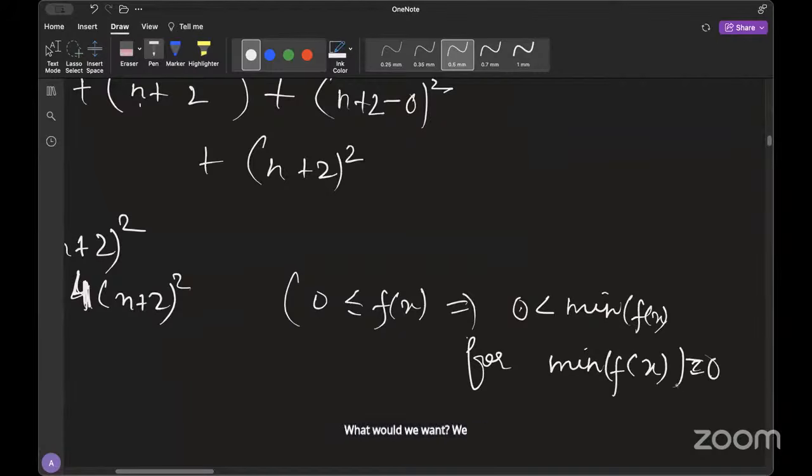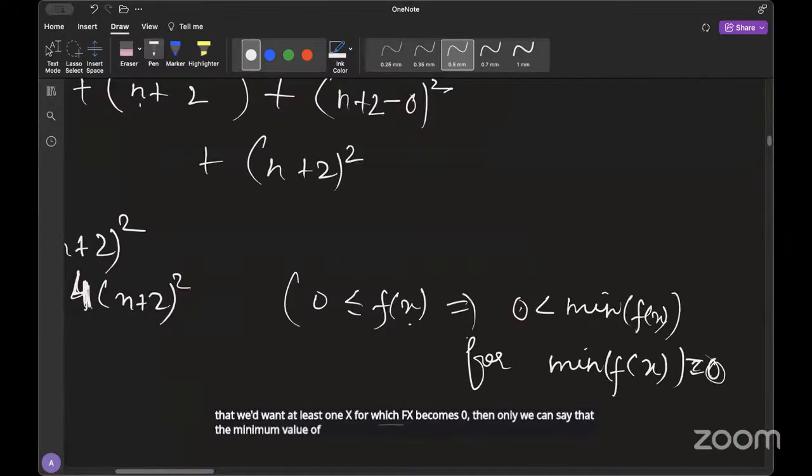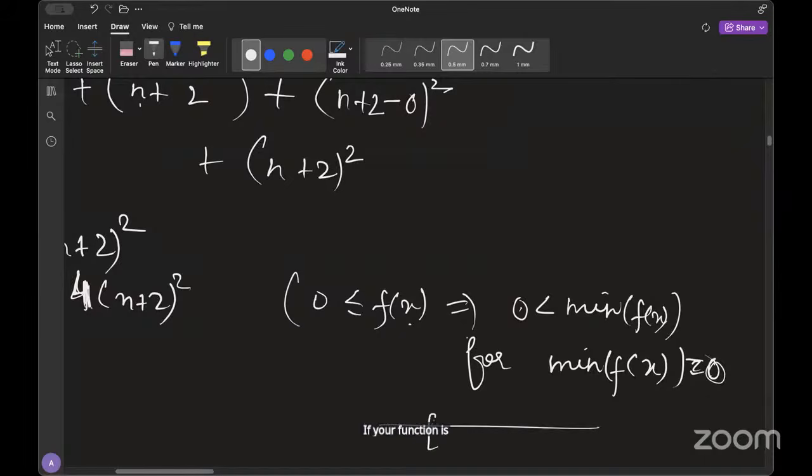We'd want the 0 value to be attained, in the sense that we'd want at least one x for which f(x) becomes 0. Then only we can say that the minimum value of f(x) is 0, right? If your function is always greater than or equal to 0, it can be 0 or it can be greater than 0. So it's completely possible for the function to take only values greater than 0 and not take the value 0, right?